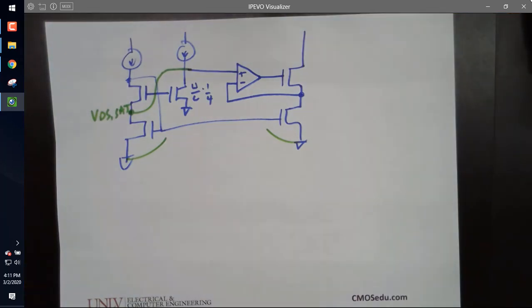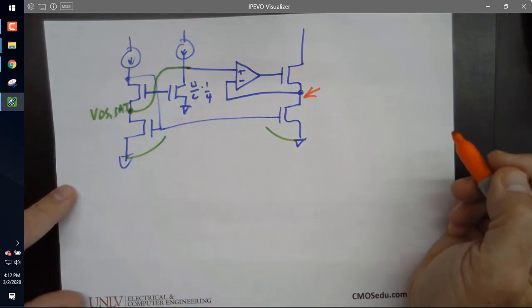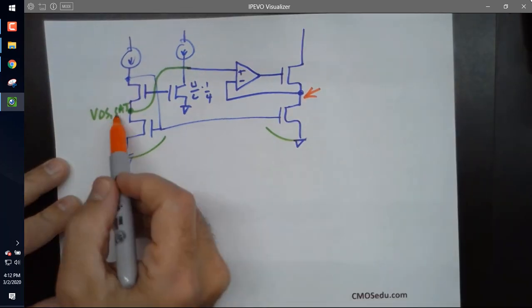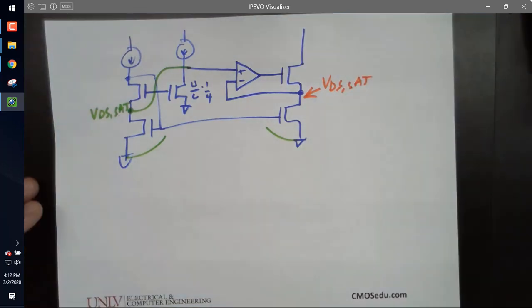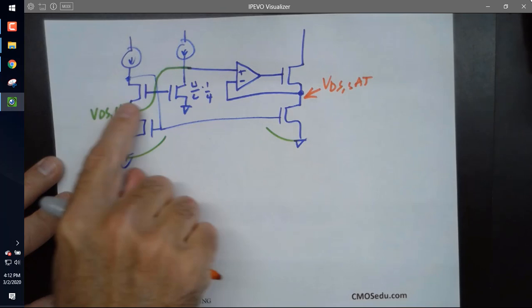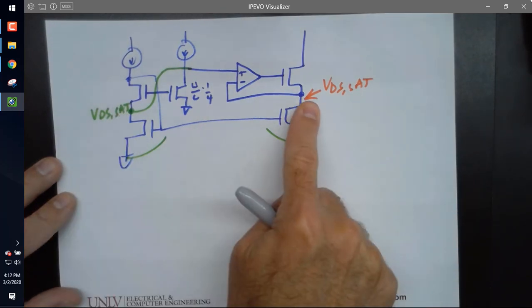They try to keep their two inputs at the same voltage, right? So what does this node get via the op-amp? It tries to get pulled to VDS sat, because the op amp's trying to make this voltage and this voltage the same.